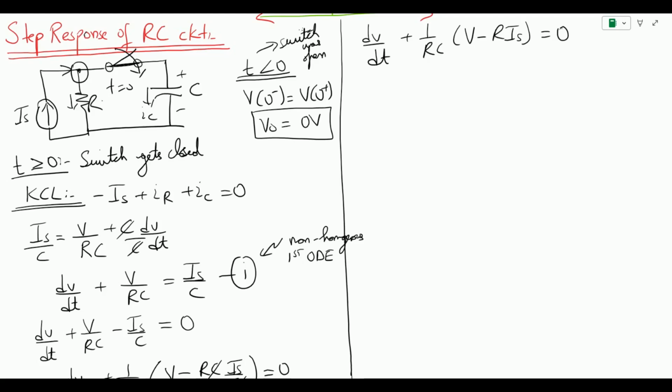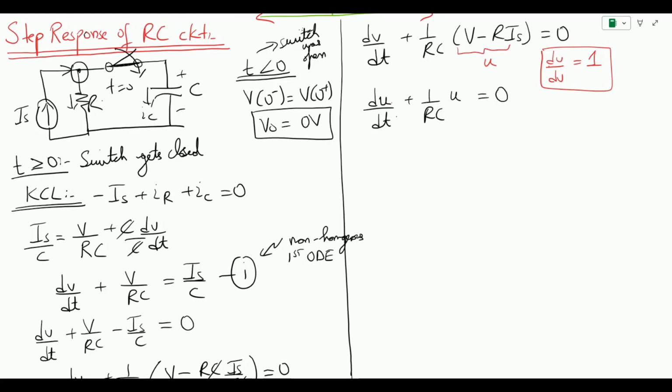Now let us do the substitution method, where we assume that this is the value of U. Then dU by dV equals 1. So let us input all these values into the above equation, and thus d V will be replaced by dU by dt plus 1 by RC U equals 0.